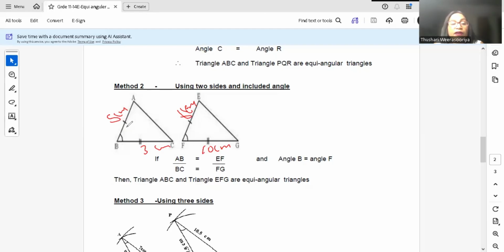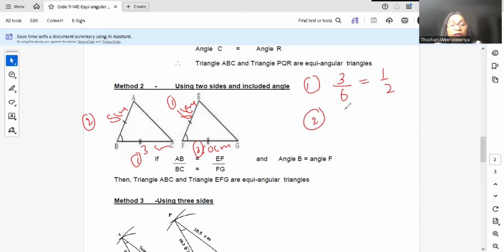Now you have to check that the corresponding sides are proportional. We don't know which sides correspond, so when you have the lengths like this, I number them, smallest one first. This is number 1, this is number 2. Then you take the corresponding sides. Number 1: 3 over 6, the ratio, gives 1 over 2.